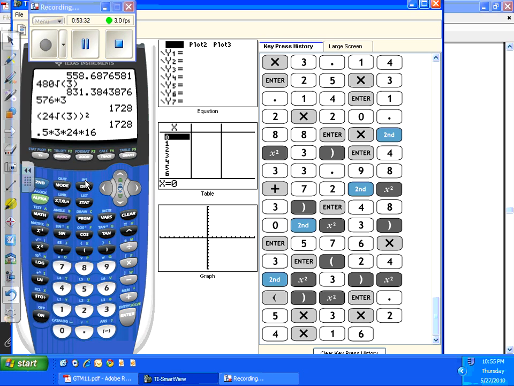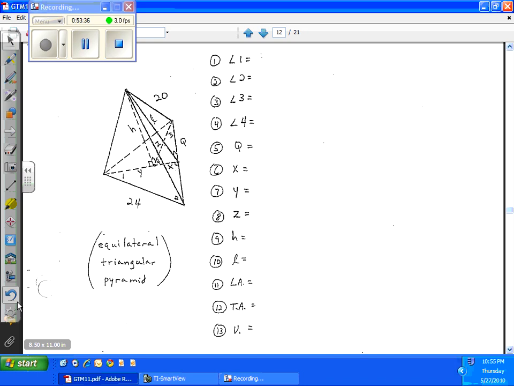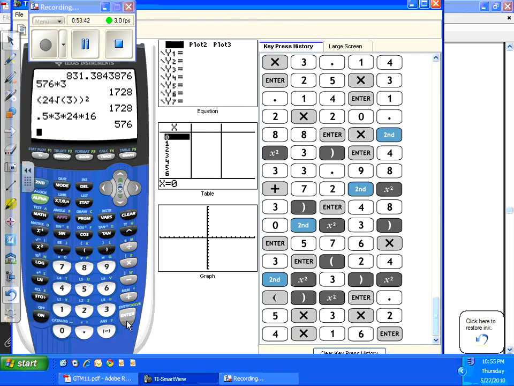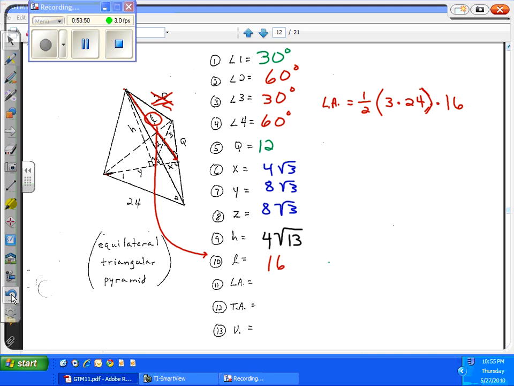I'm going to make sure those numbers are right. 1/2, 3, 24, 16. Good. Enter. 576. And so the lateral area is 576.